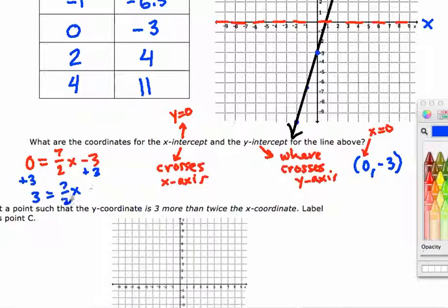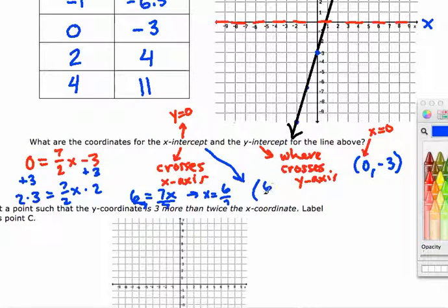Then to get rid of the 2 in the denominator, we're going to multiply both sides by 2. So we'll have 6 equals 7x. And then you need to divide by 7. X is going to be 6/7. So the x-intercept is going to be 6/7, comma, 0.